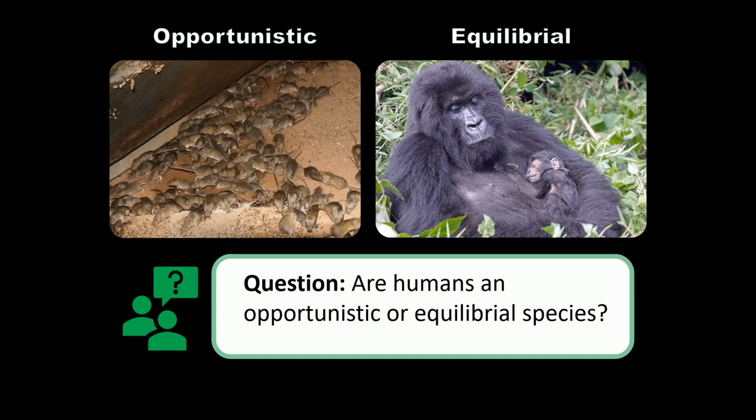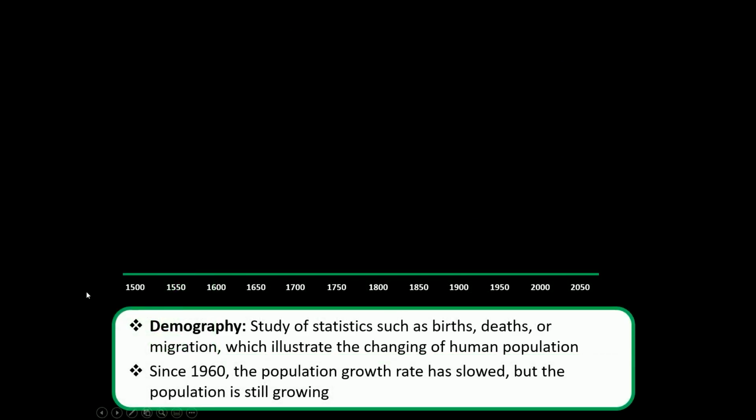There will be some parental care with mice, obviously, but with large numbers of offspring and a short period of time before those baby mice reach reproductive maturity, it's just not going to be as much of an investment per baby mouse as you get per gorilla offspring. So humans are more like this gorilla. We are more equilibrial.